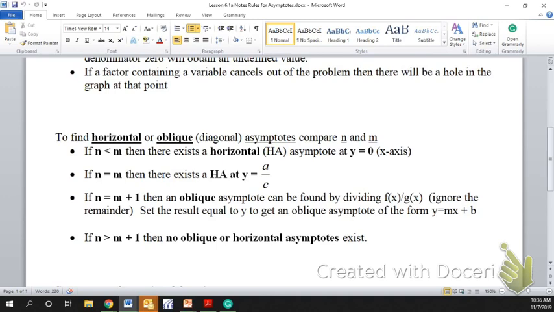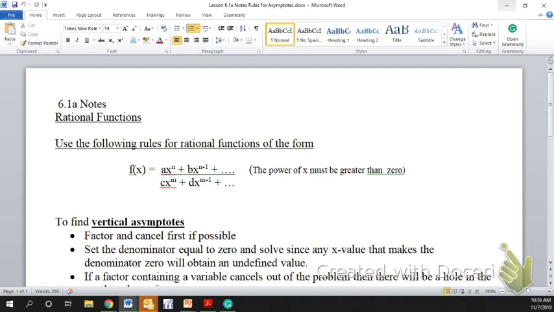On your front it says y equals 0, n is bigger than m, or smaller than m. But on the chart it says that m is smaller than n. Let me go look at it. Maybe my chart needs adjusting. So it should be n is less than m. The top is smaller than the bottom.